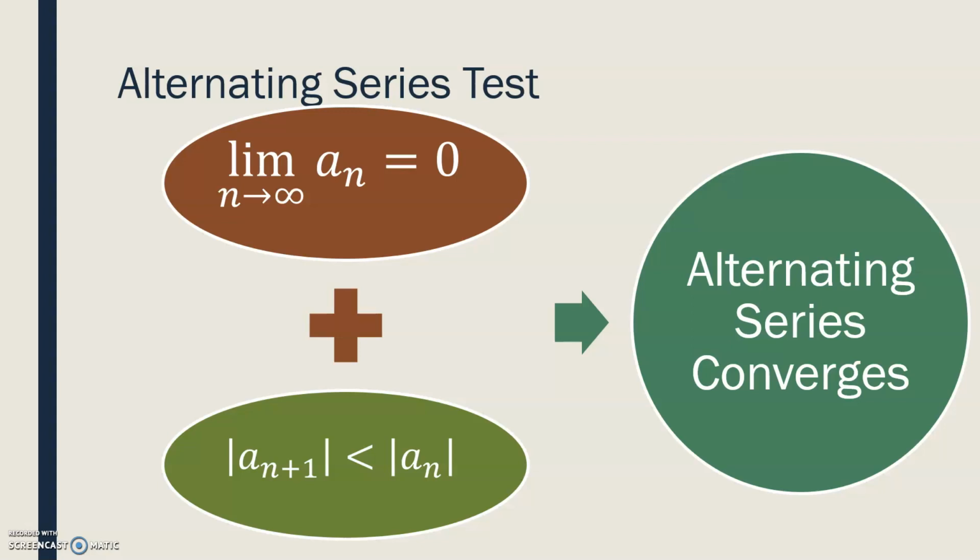And I don't mean the sign, because I know that some of the terms are negative and some of them are positive. I just mean the magnitude of the term. And if both of those things are true, then your alternating series converges. Notice that if the first thing is false, if it doesn't equal 0, you're done, because that's the nth term test.